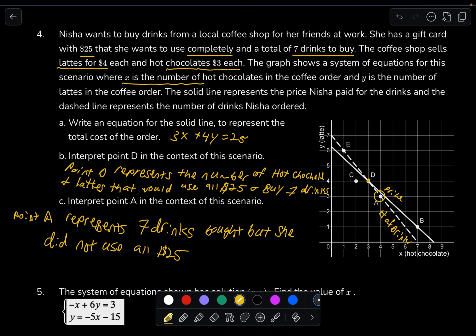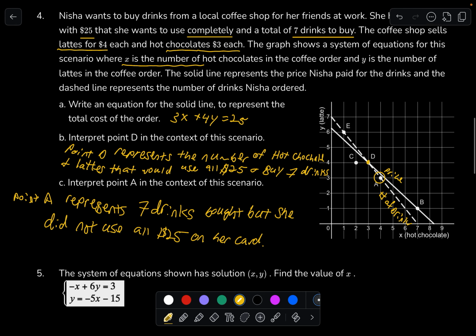She would have some money left over on her card. So it only satisfied one of the expressions. That is that she got 7 drinks.